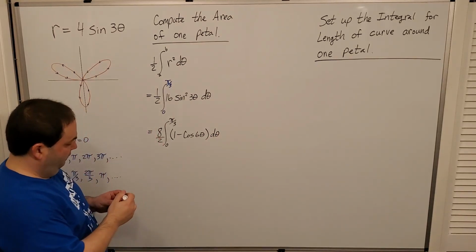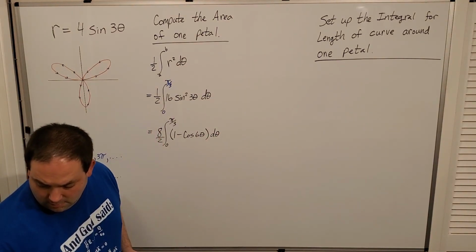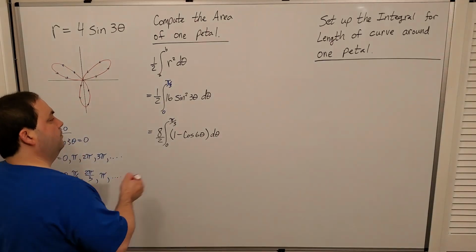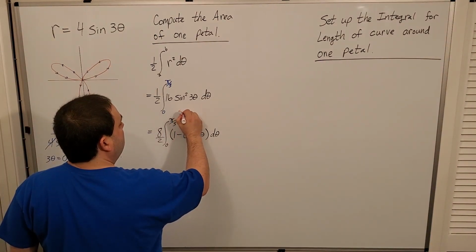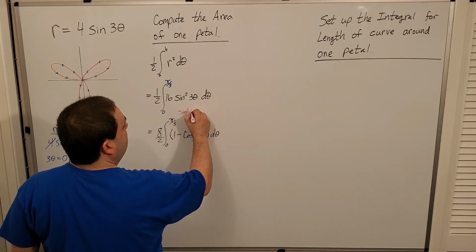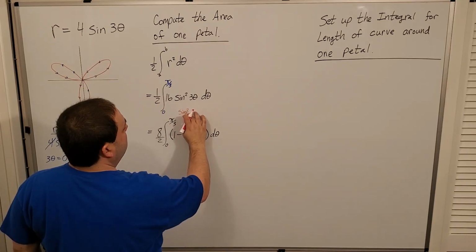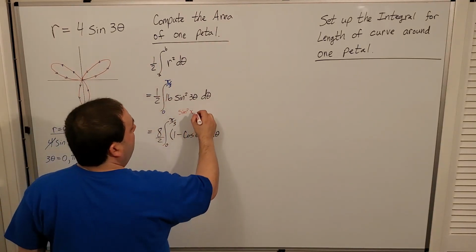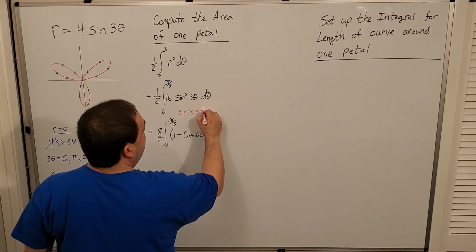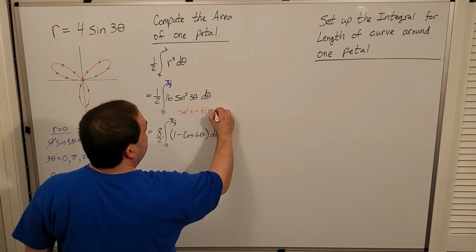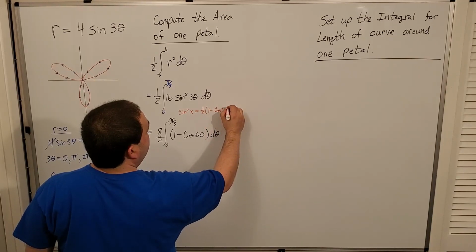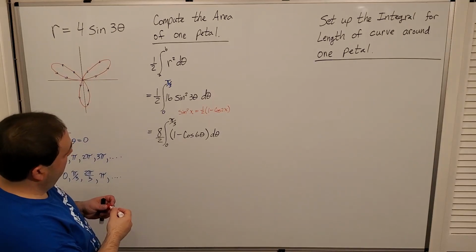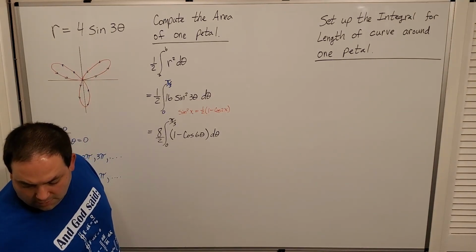Okay? If you're a little rusty, then let me just write that down for you. The sine squared of some value, I'll use x, since x isn't being used here, is equal to 1/2 times 1 minus cosine 2x.